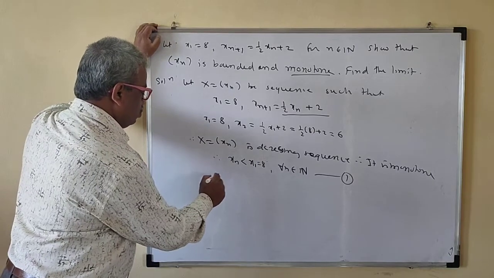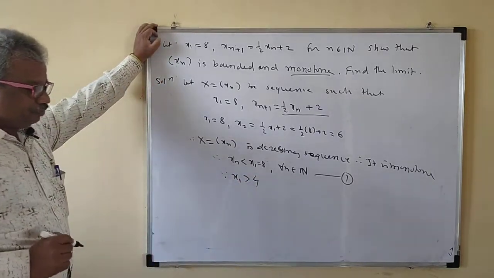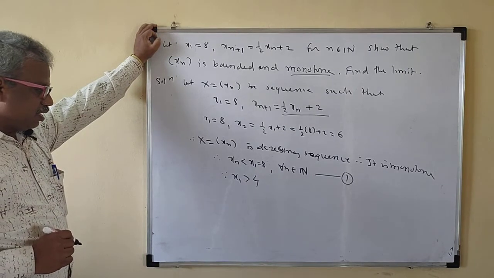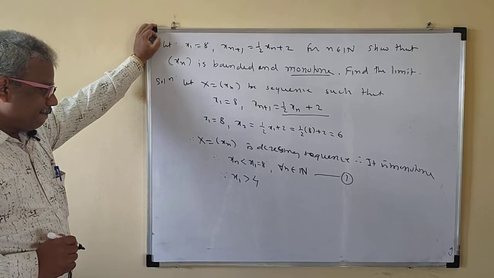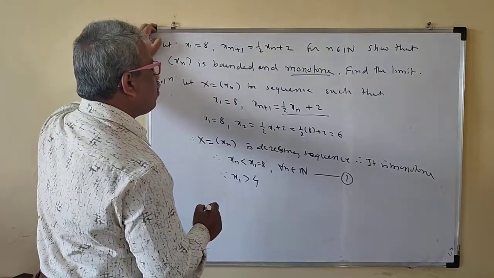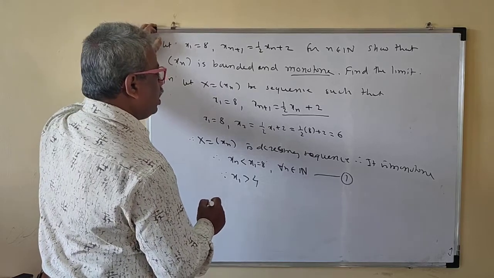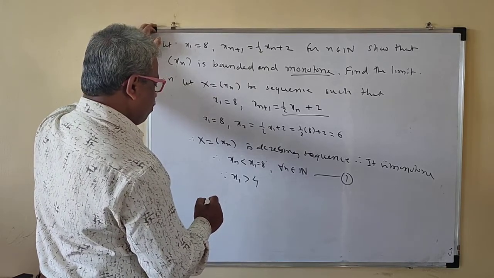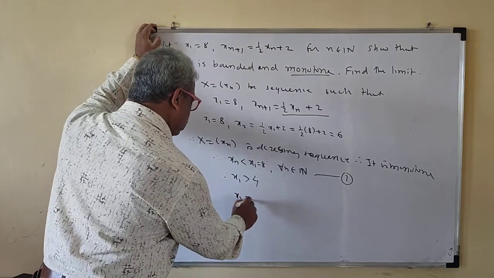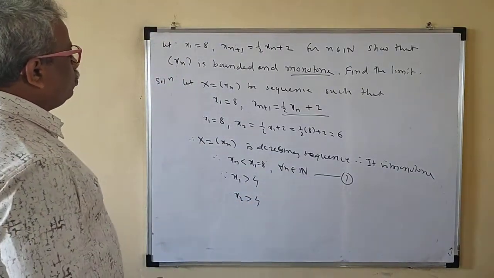Okay. So since x1 is greater than 4, x2 is also greater than 4. So what do I have to prove?